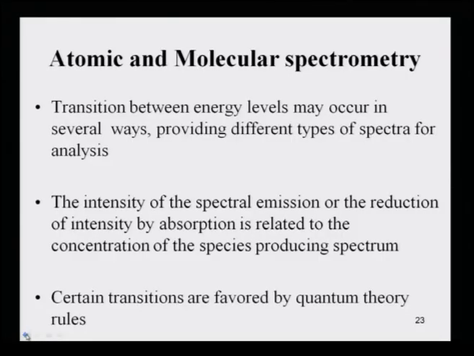These are the two things that happen when electromagnetic radiation is shone, and that will produce different types of spectrum. Certain transitions are favored by quantum theory rules. Why? Because energies are quantized. It is not that by putting in some energy, some excitation will take place. Only when the energies match with the molecular part, or chromophore, will it show excitation, not otherwise.